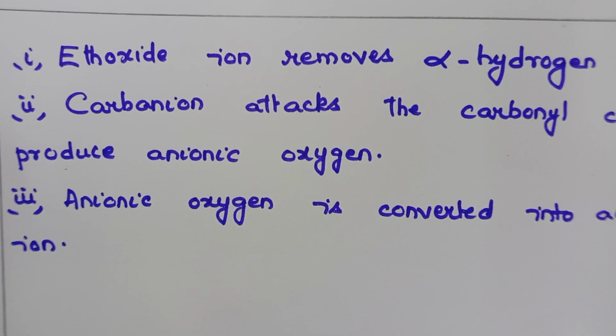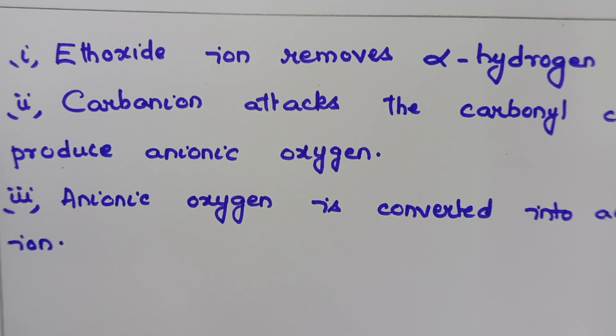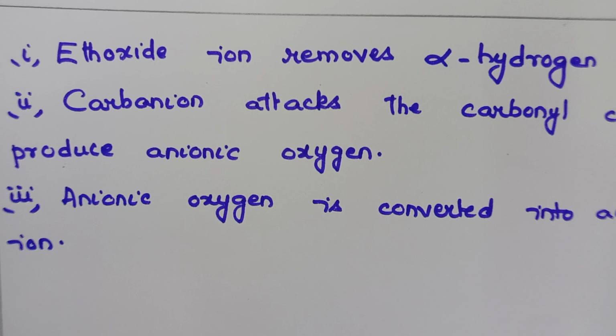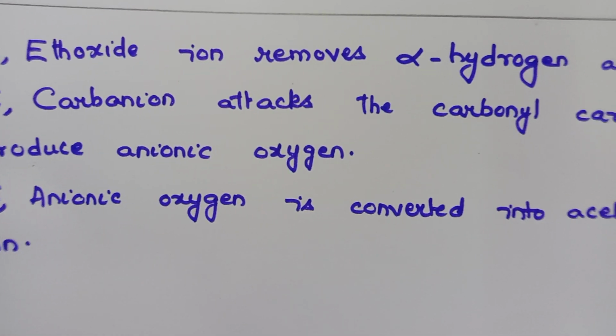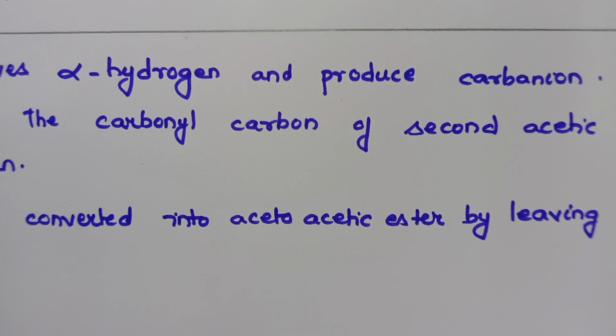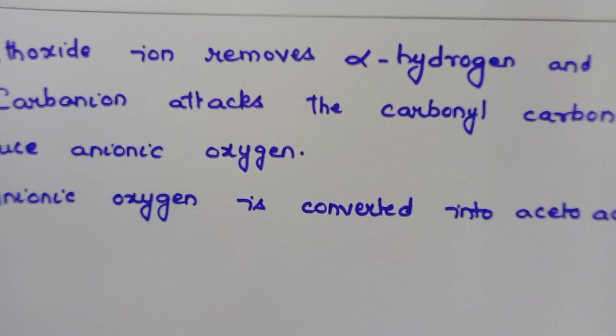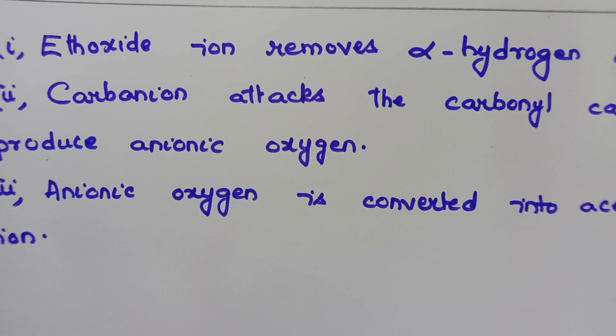So first point, look here students, ethoxide ion. What is ethoxide ion? OC2H5 minus. It takes up alpha hydrogen and produces carbanion. Okay, it removes alpha hydrogen and produces carbanion. That's what is happening in step 1.